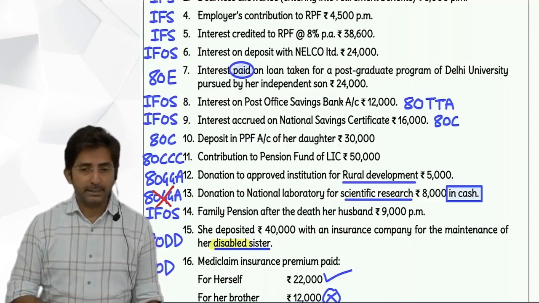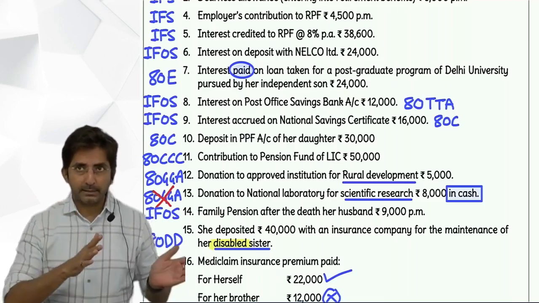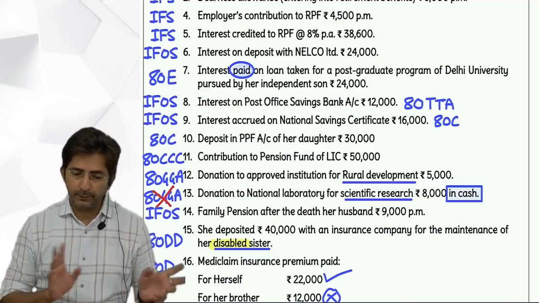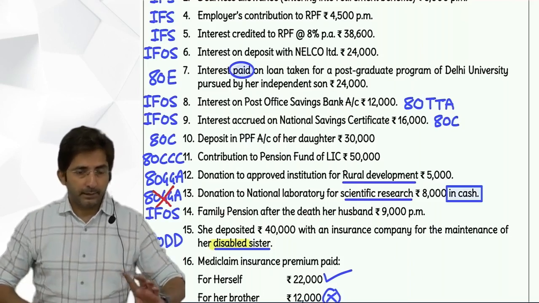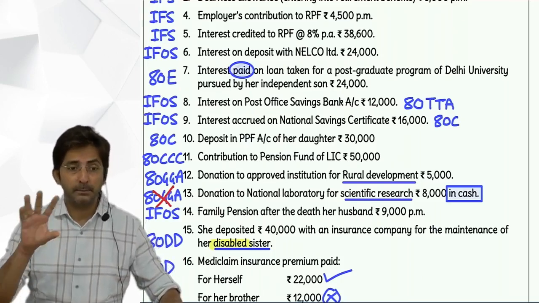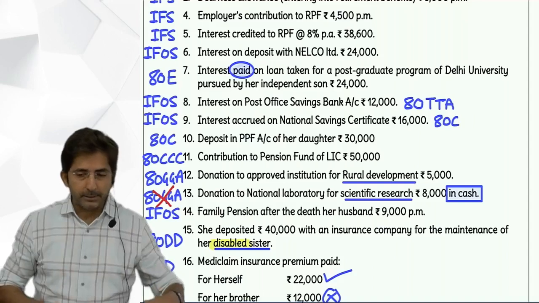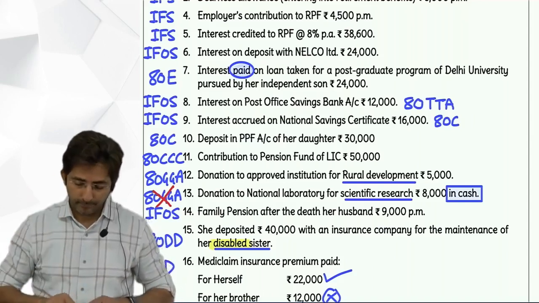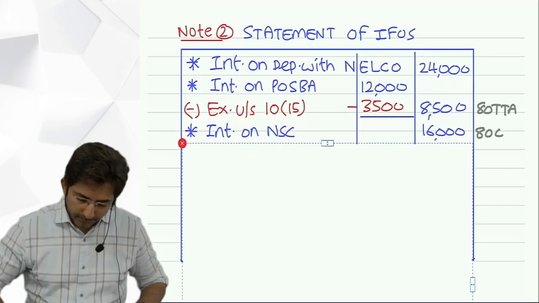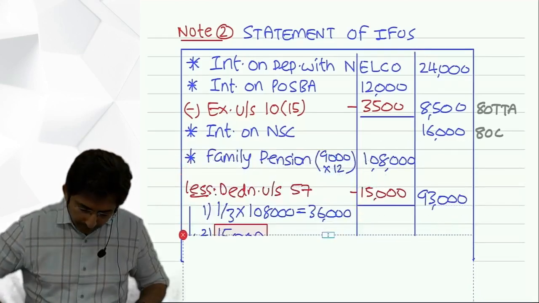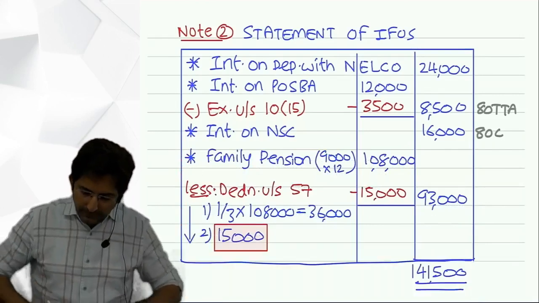Remember, section 57, I gave you 5 points. Taxable income, deduct the expense. Exempt income, ignore the expense. Winnings, ignore the expense. Dividend, units income, deduct only one expense. Interest on loan, maximum 20%. And family pension, standard deduction. So it is section 57 only. That's it. This was the last item.